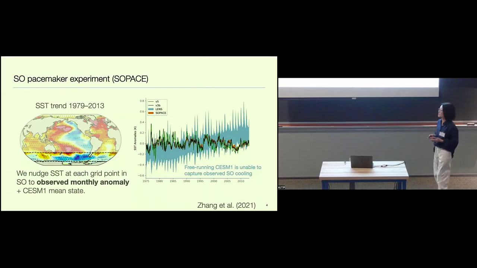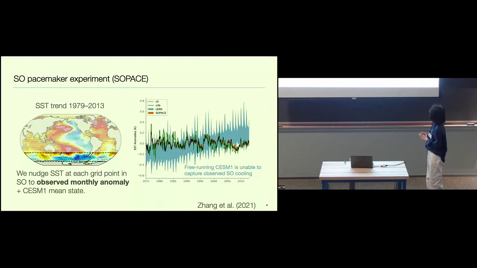The observations are shown in both the green and black curves. If you look at the trend and also towards the end of the simulation, the observations come outside of the ensemble spread from the CESM1 large ensemble.